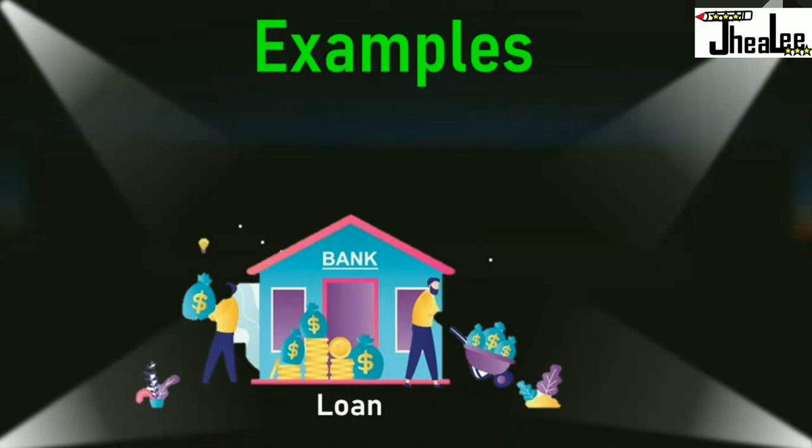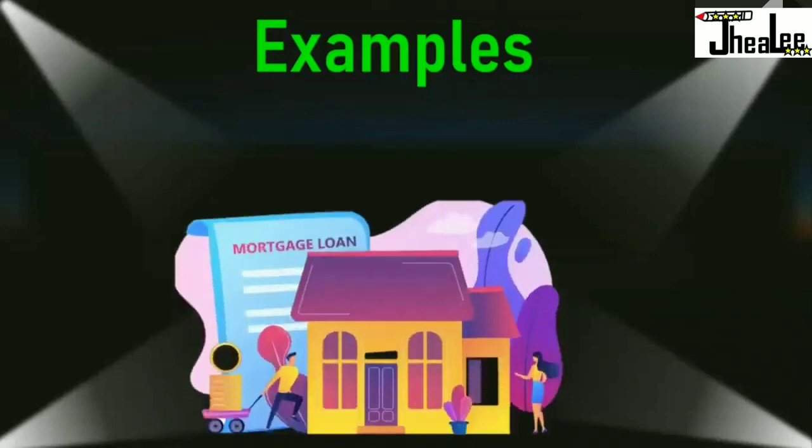But once there is a loan, then that is a liability, because the business has borrowed and is now owing for something. So once it is owing, it is a liability. Another example is mortgage. A mortgage is a loan that is taken in order to acquire property or properties. So therefore, the business will be owing for this.